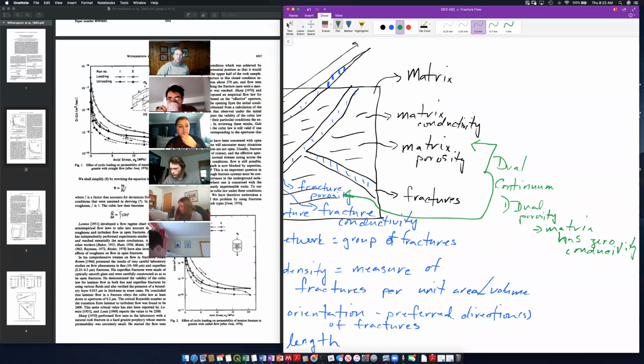So it just makes our life a lot easier to sometimes assume that this has zero hydraulic conductivity, and we only consider flow in the fractures. However, if the rock itself has significant conductivity, we'll use the classification of dual permeability. And this means that matrix has permeability and we need to consider it.